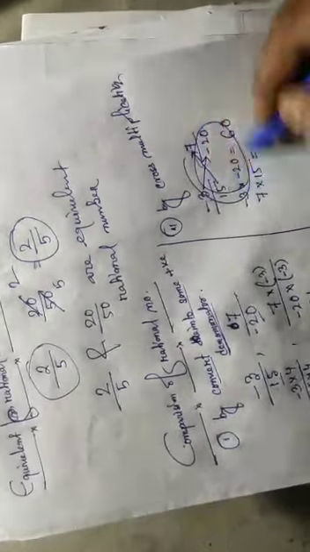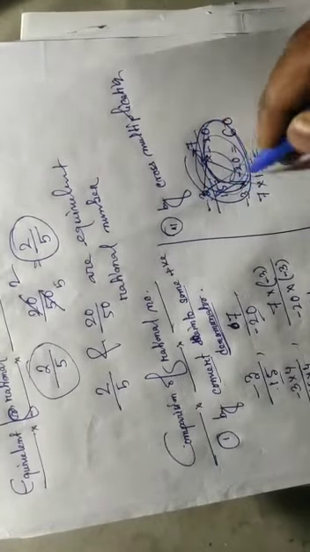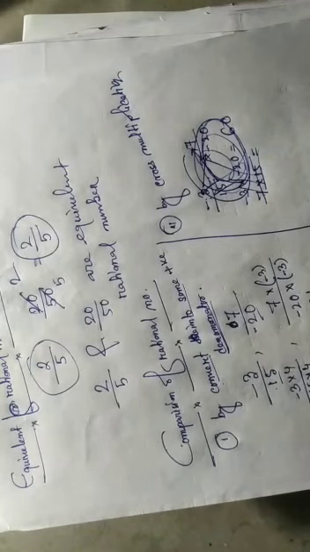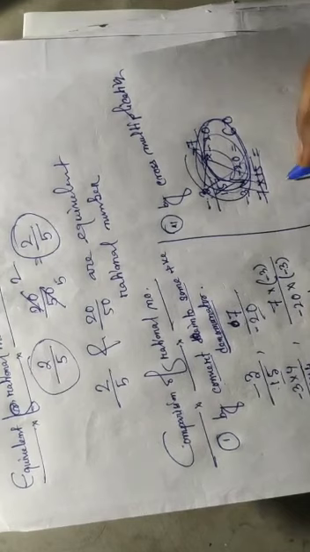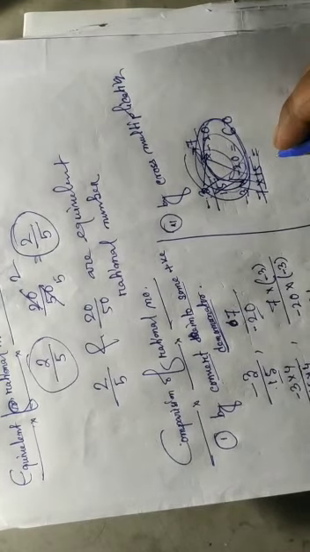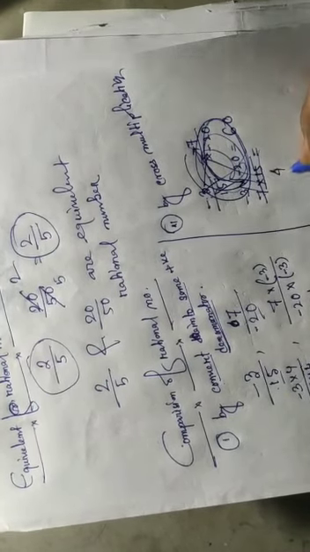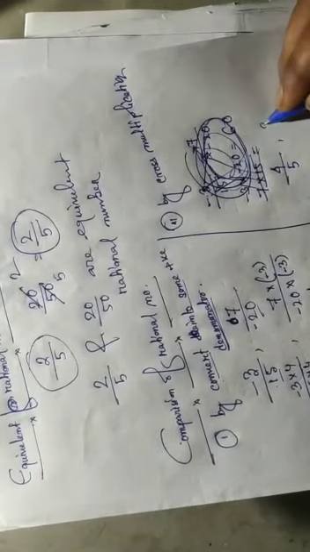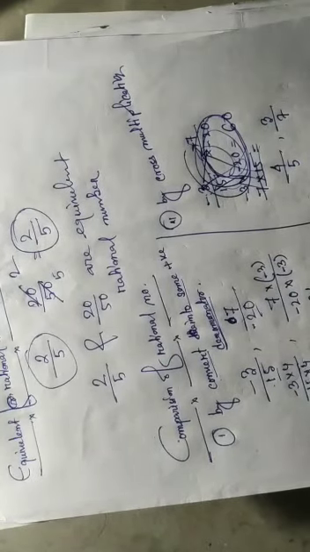okay, here I take another example, 4 by 5 and 3 by 7. Which one is bigger?